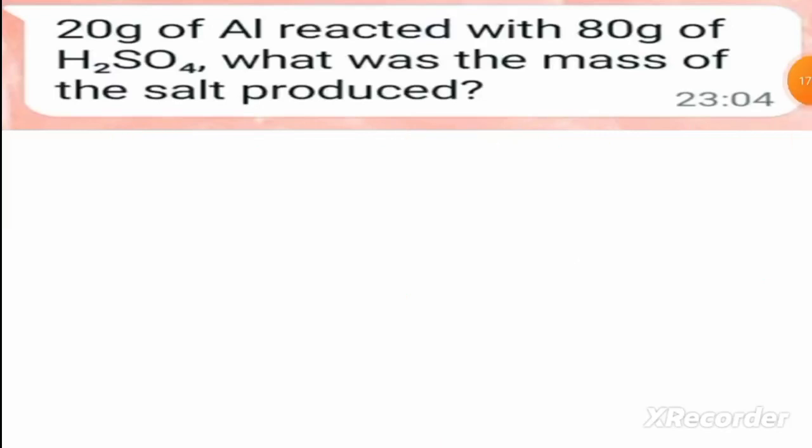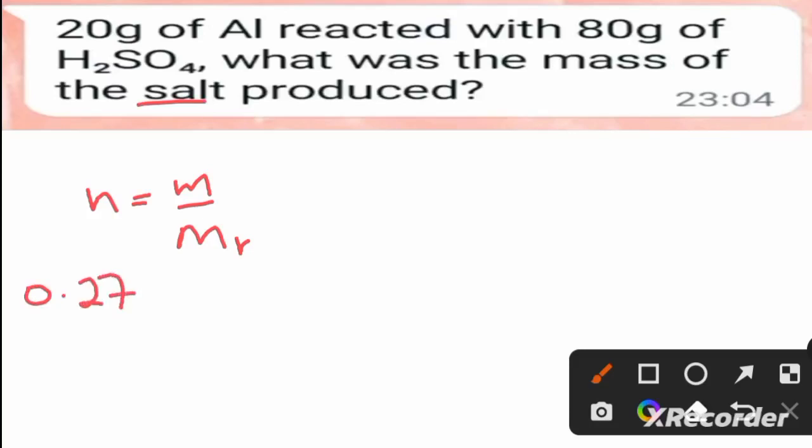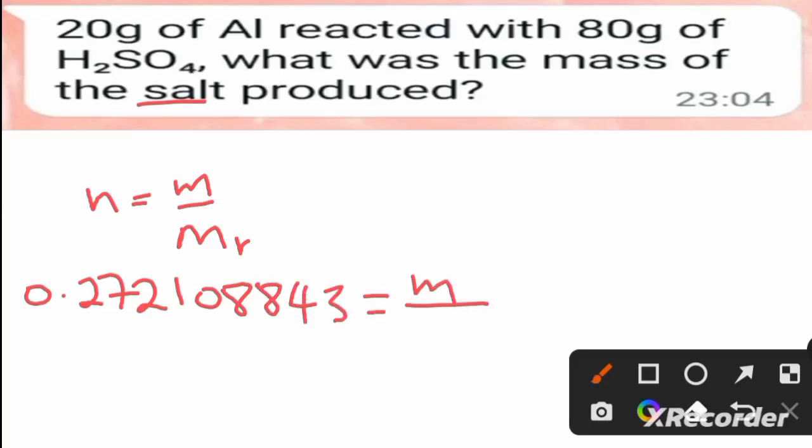Now let us find the mass, since we know the number of moles. The number of moles is equal to mass over molar mass. We are from finding the number of moles of aluminium sulfate, so we write 0.027210883 is equal to mass over the molar mass of aluminium sulfate, which is 342.